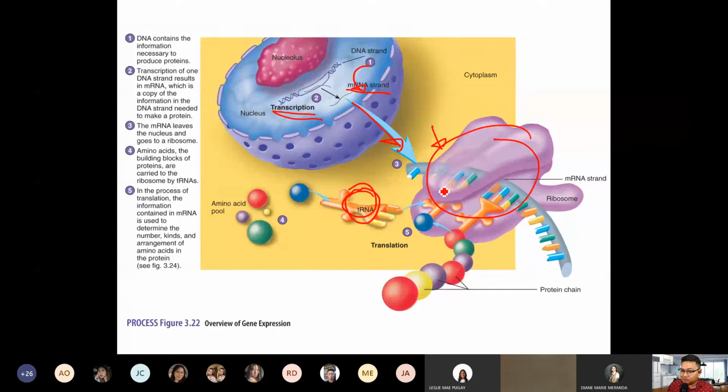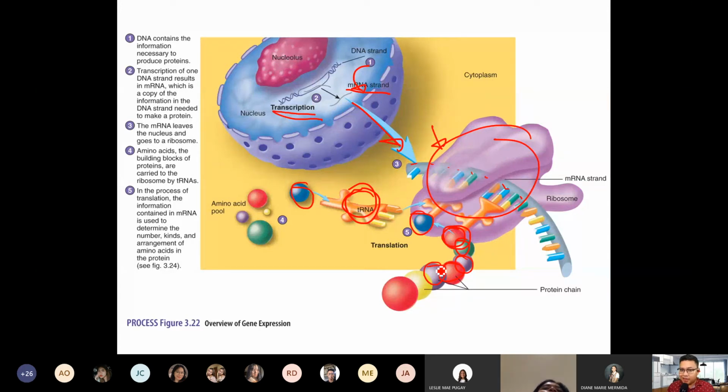And ang mangyayari po dyan, habang binabasa, kumukuha kayo ng certain amino acid. Then, depende sa pagkakasunod-sunod doon sa mRNA, depende rin kung anong pagkakasunod-sunod ng proteins. Okay? So, dyan po nabubuo ang ating proteins.